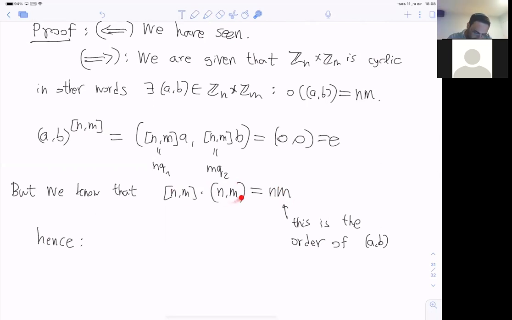So what does this have to be? Actually, they must be the same, because unless it is 1, suppose it is 2, so this is nm divided by 2, something smaller, but this takes you to e, and the order should be the minimal power that takes you to e.